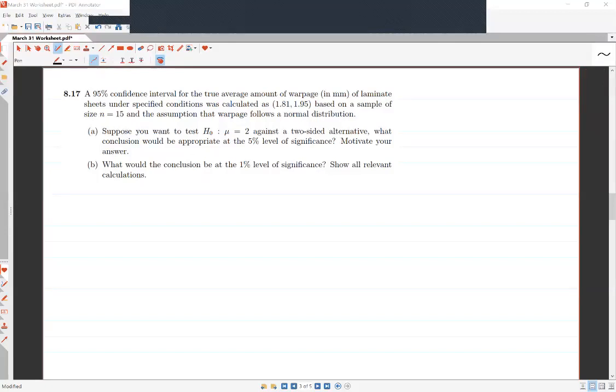So in our setup here, we are given a 95% confidence interval for the true average warpage of laminated sheets. So we're looking at how much they warp. Someone collected a sample of size 15, constructed this 95% confidence interval. But someone else says, well, I didn't really want the confidence interval. I wanted to test, is the true mean equal to 2?